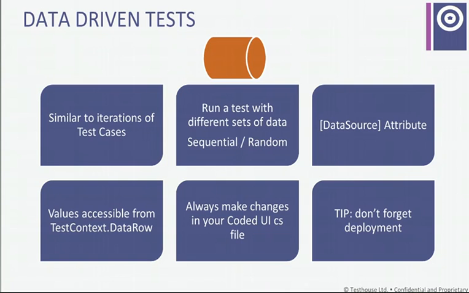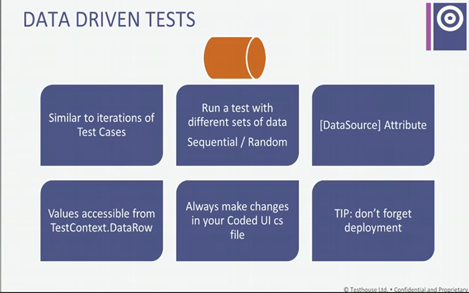You have to do a bit of programming to actually get the data from the data source into the correct parts of the test, and we'll be looking at a demonstration that shows you how to do that. I can't go into detail about the test context now, but all the data that the system needs is stored in the test context. There's a lot of good data in there.